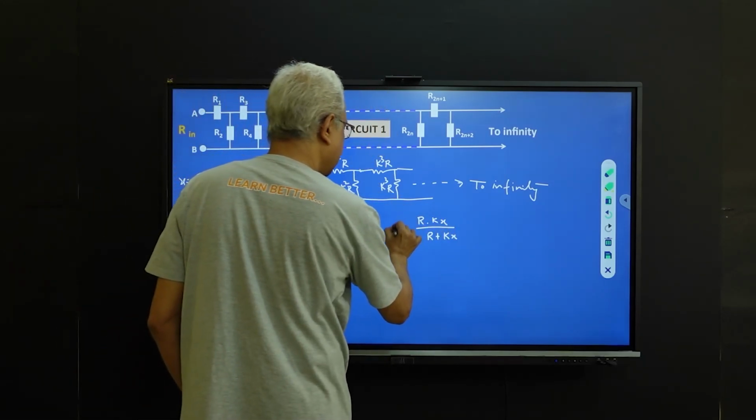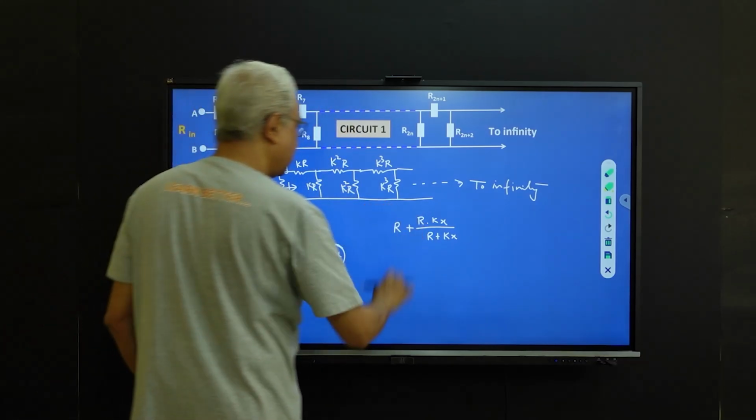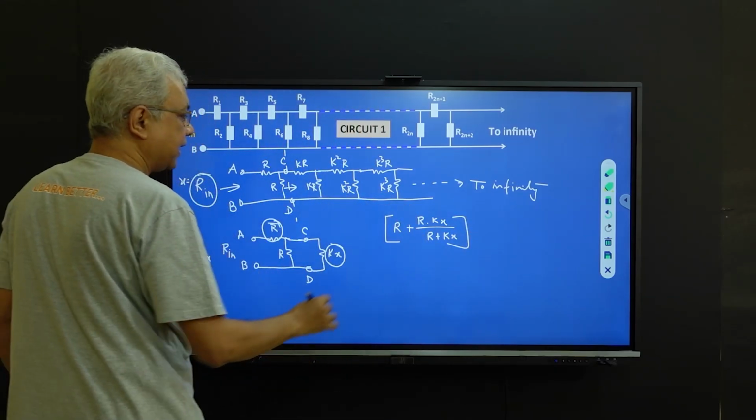When coupled with this R, which is in series with this equivalent resistance, this has to be equal to X.